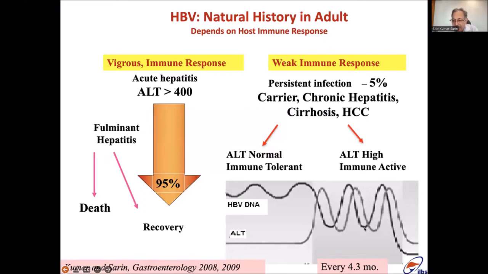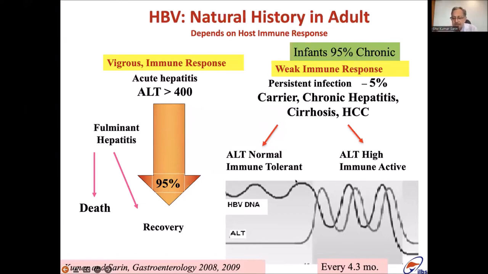High ALT means more cell death, less virus. So will you have any DNA in acute hepatitis? Very little. In chronic, you will have very high DNA levels.